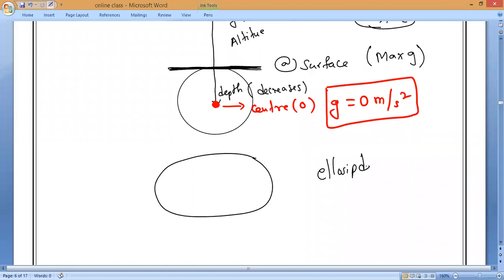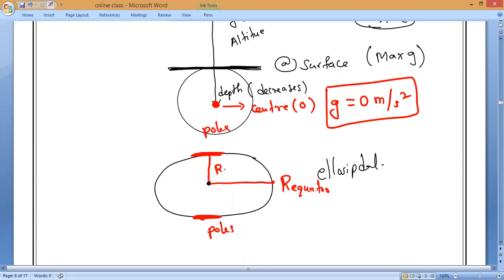From the center, it has a larger radius at the equator. And at the poles, it has a flattened surface. It is not completely spherical. The poles are the North Pole and South Pole.